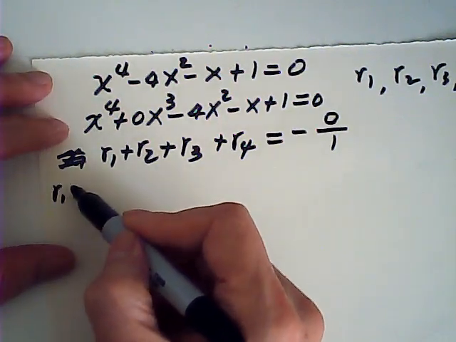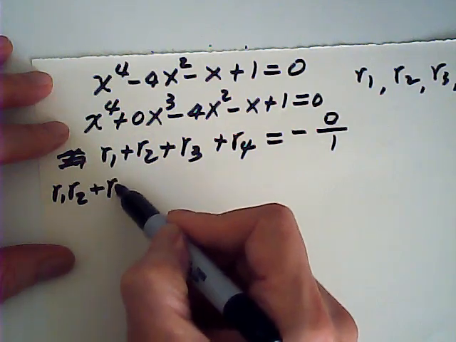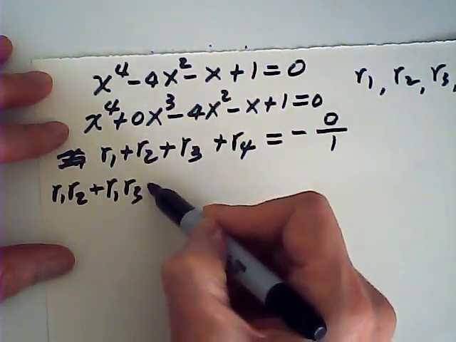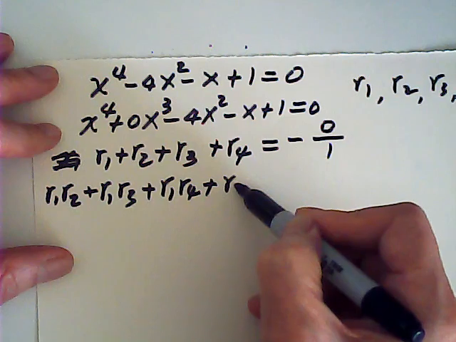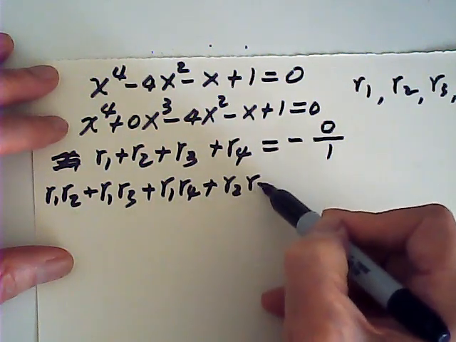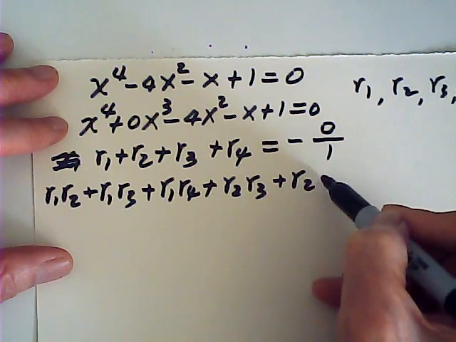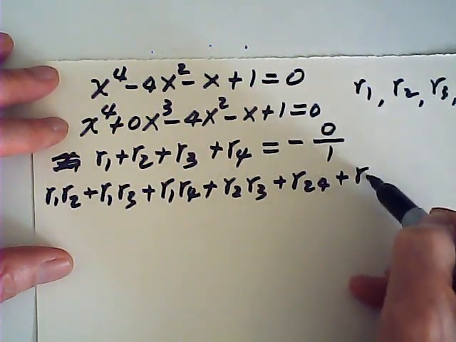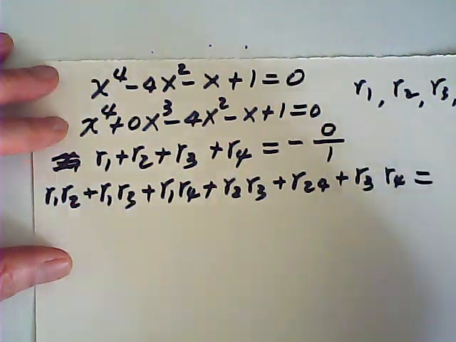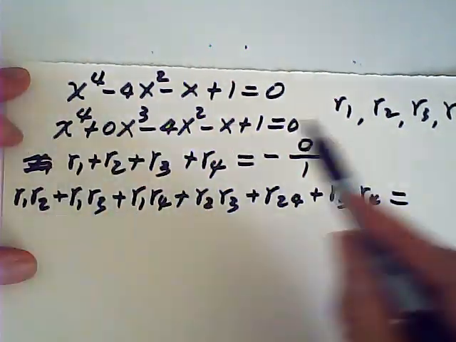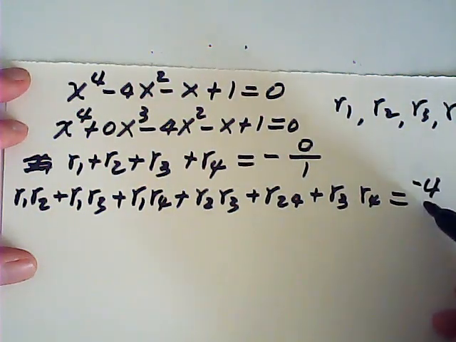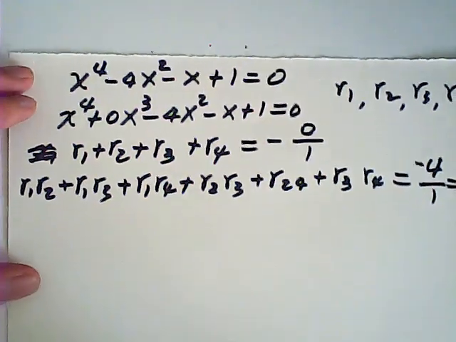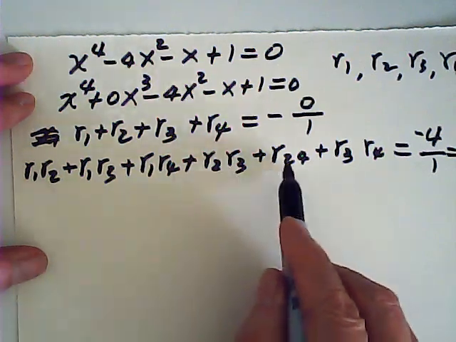And R1R2 plus R1R3 plus R1R4 plus R2R3 plus R2R4 plus R3R4 is equal to negative 4 over 1. One, two, three, four, five, 6, yes.